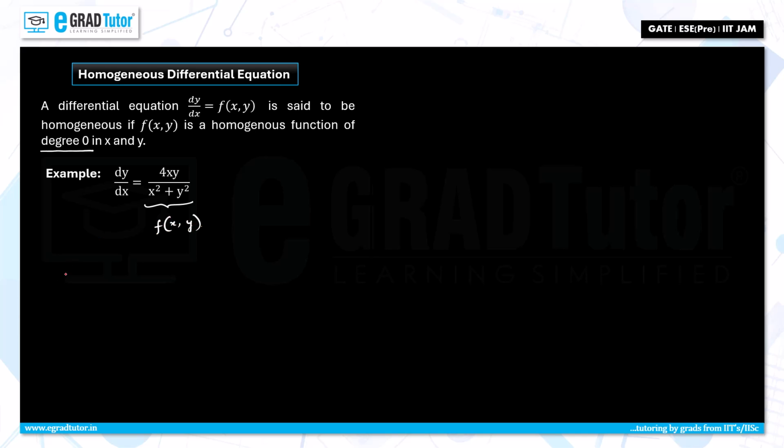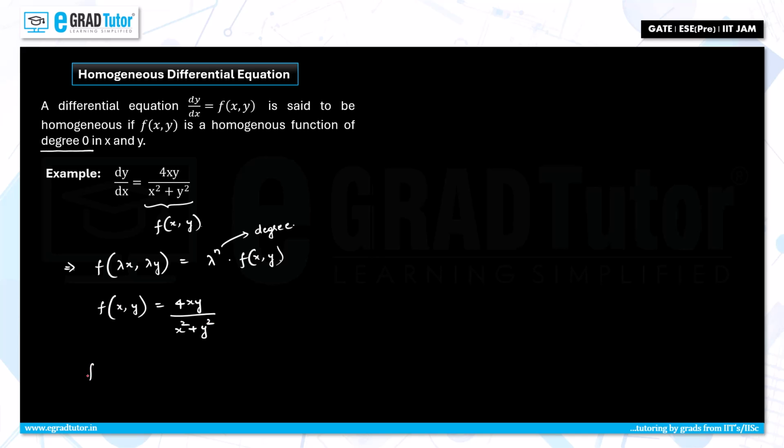Okay, how do you check whether a function is homogeneous or not? f of lambda x comma lambda y is equal to lambda power n times f of x comma y, where n represents the degree. So you take this function here, f of x comma y as 4xy by x square plus y square.